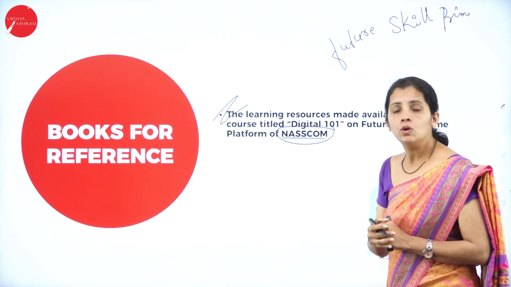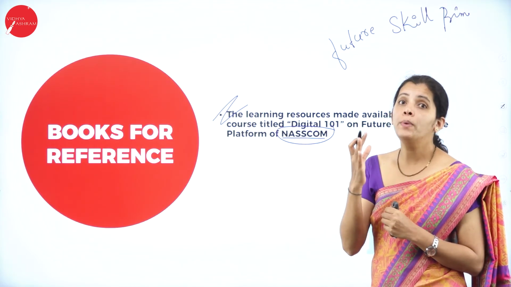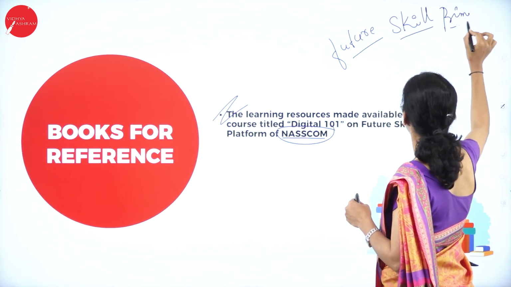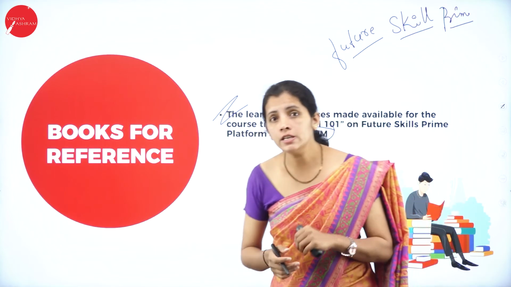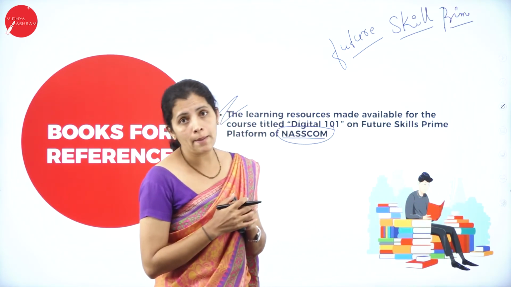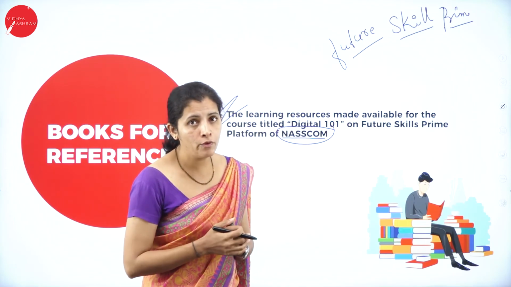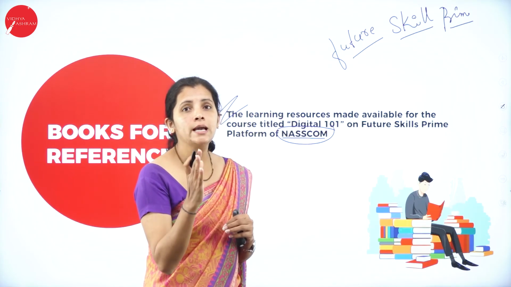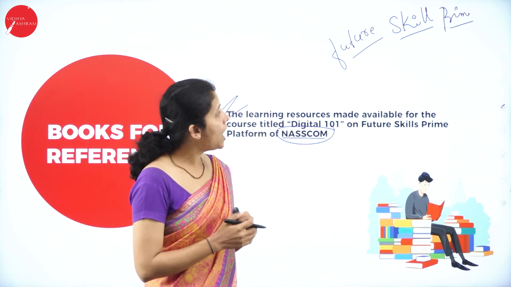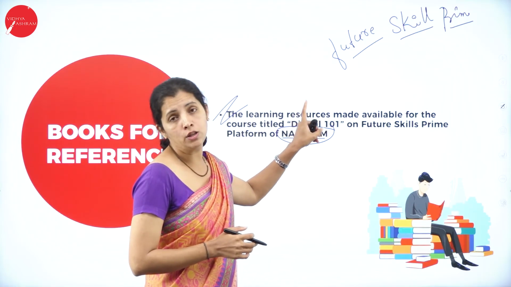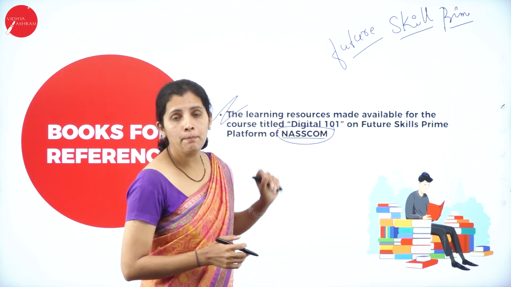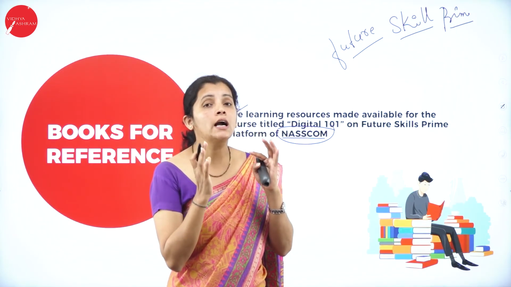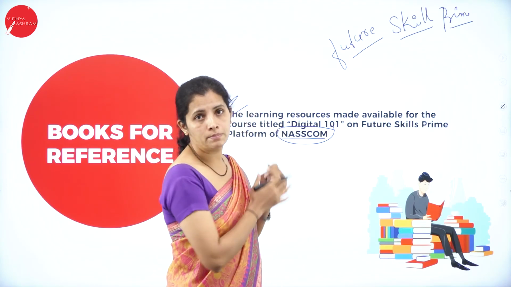Take your mobile, go to the Play Store and type Future Skills Prime. So this is the application name. Please download the application to your mobile phone, then register. What is the first step? You need to register. After registering, log in through user ID and password. Then you're going to get the content for this subject.